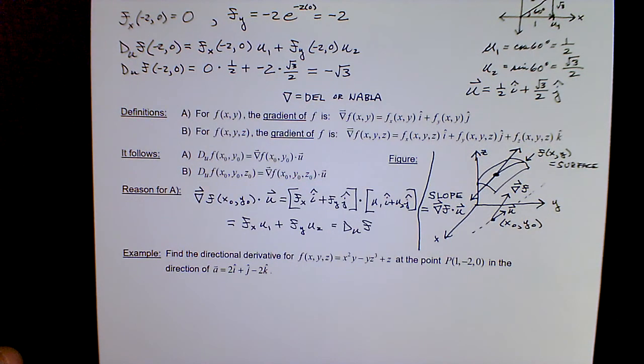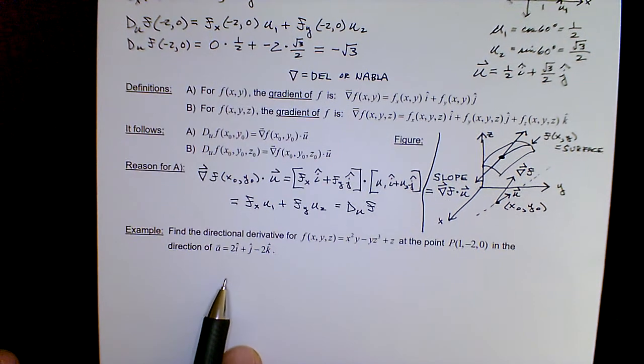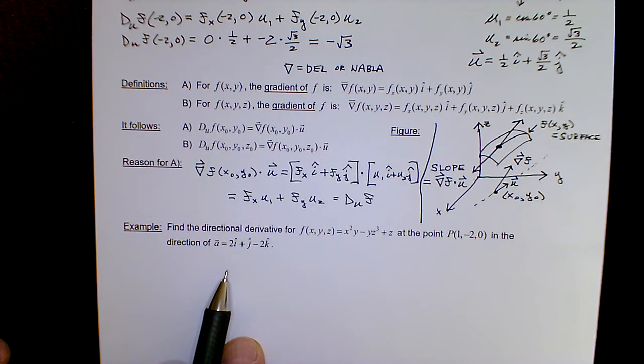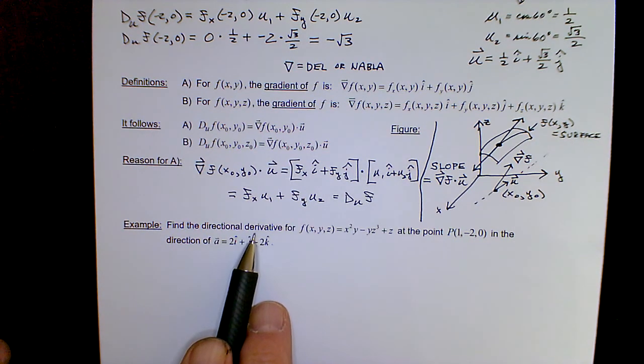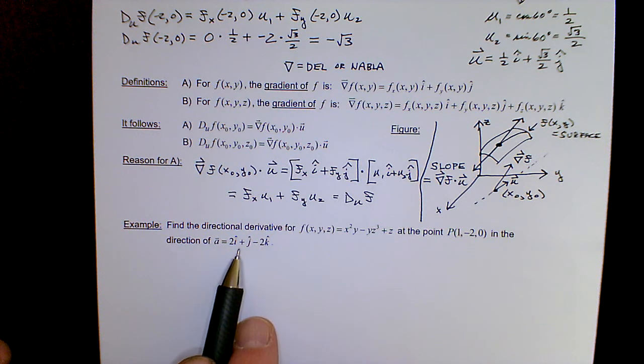So this formula makes it a little bit easier, and the gradient's used more exclusively than the directional derivative. Directional derivative is kind of in the background when we think about the gradient. This formula is very useful in finding the directional derivative at a point.